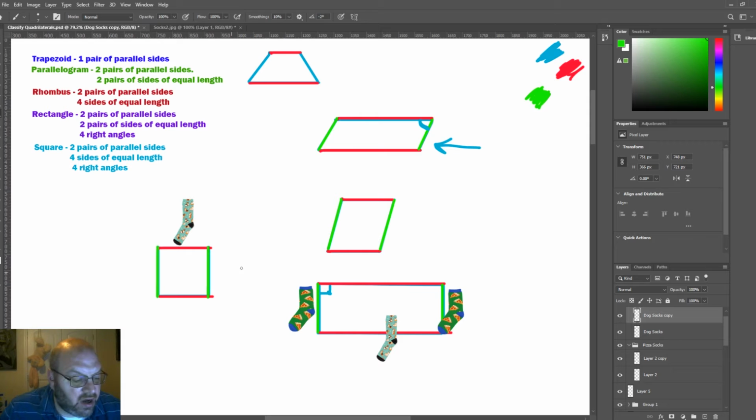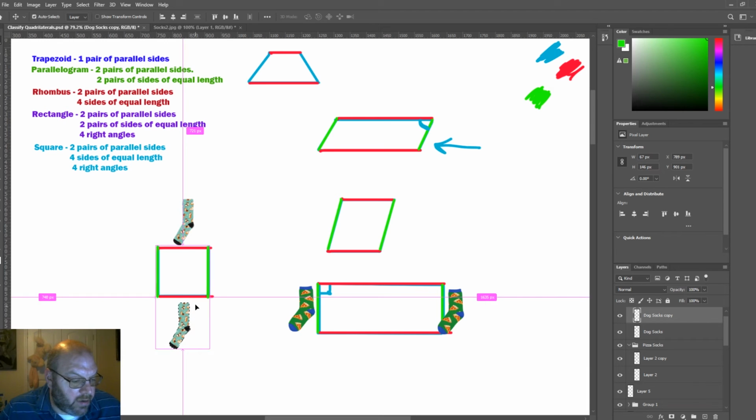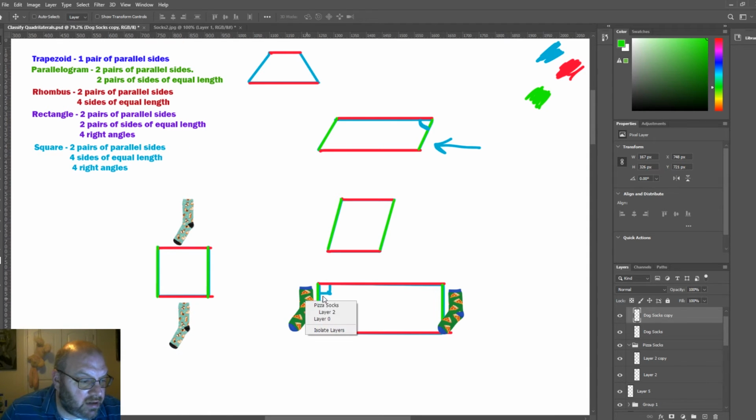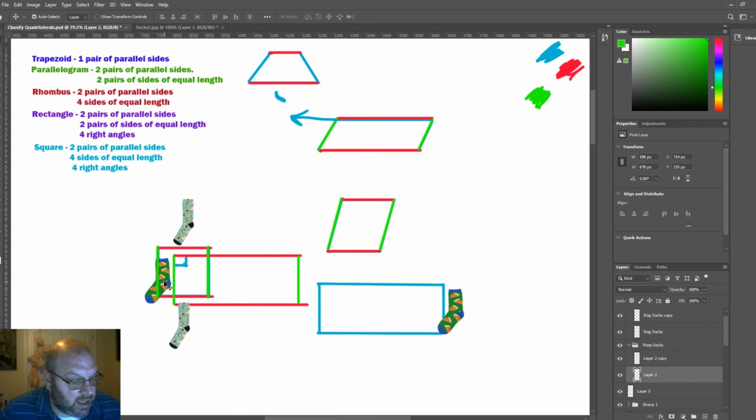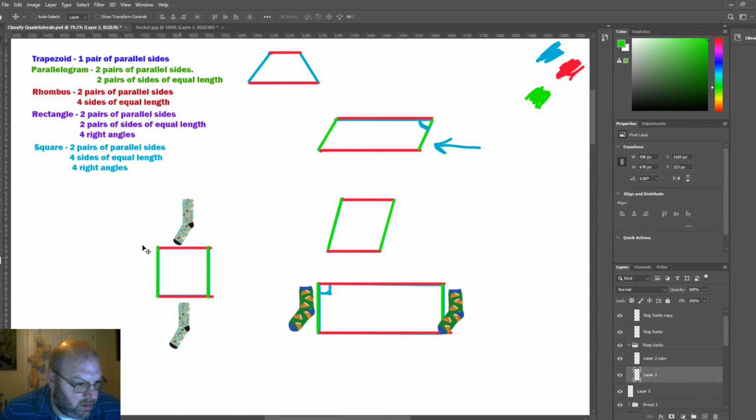My greens are parallel. Oops, why'd you move, doggy? Get out of here. There we go. All right, my dog socks are parallel. Now let's get my pizza socks. That's all crazy right now. Pizza sock.